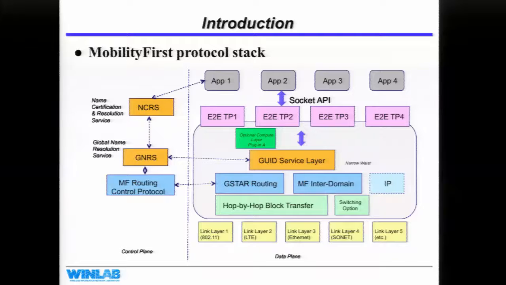This newly introduced service layer is centered on the concept of flat, security-based GUID for network objects, which serves as both the network object's identifier as well as the public key. Because of the importance of this service layer, we would like to first secure the GNRS. Then, with the secured GNRS in place, we may be able to extend our security protection to the rest of the MobilityFirst network.